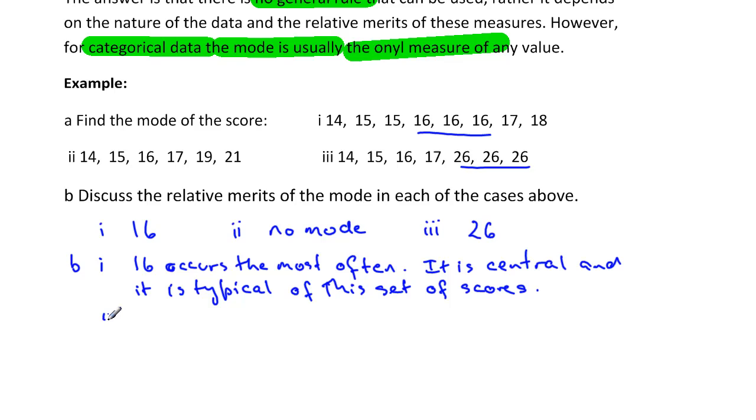Let's have a look at number 2. There's no mode here. So what we're saying is that no score occurs more often than another. Now, notice the question was to discuss, and so we start by looking at what we observe. No score occurs more often than another. That's the first thing.